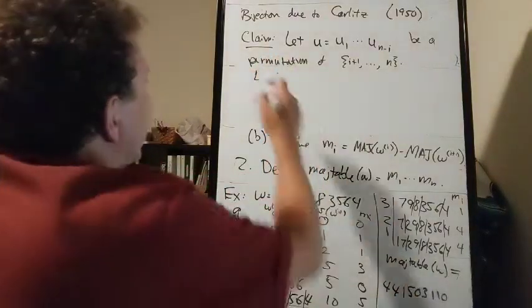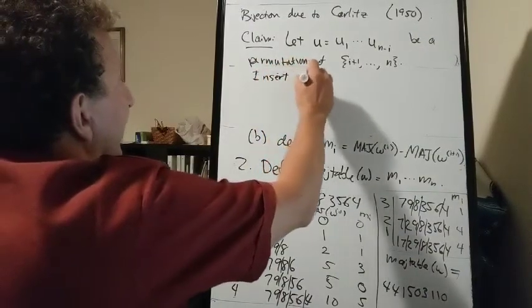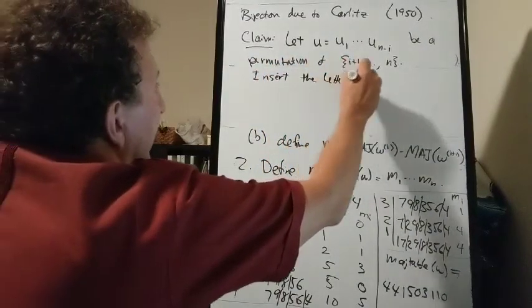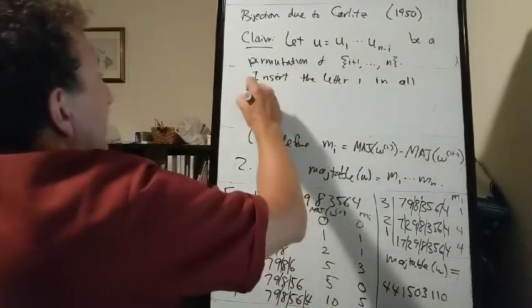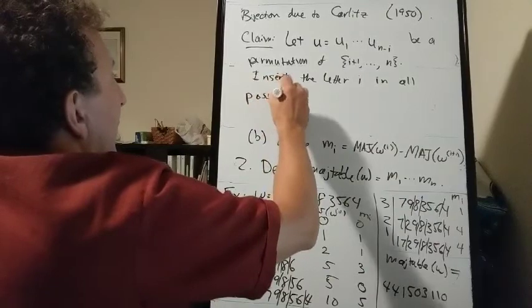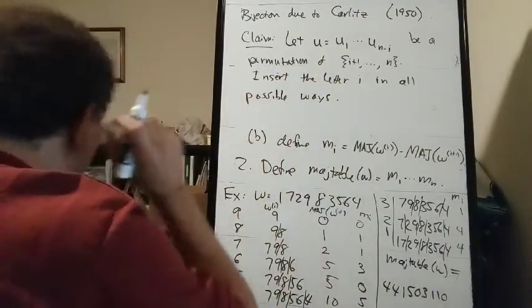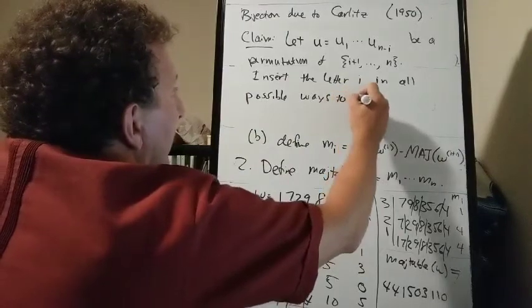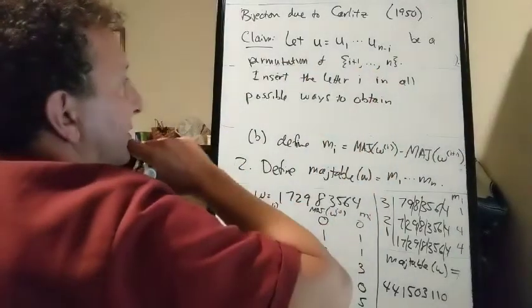And now let's insert the letter I in all possible ways. And let's say that the permutation we obtain is v.